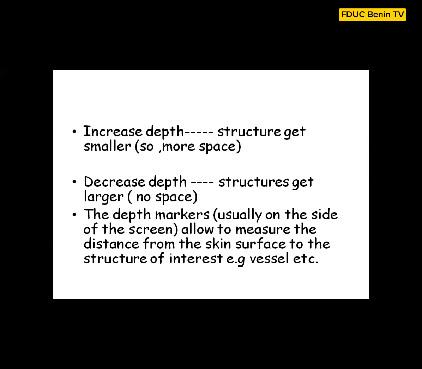And then you may not even see some other structures because the image has covered the whole screen. So adjusting the depth to ensure that the structure of interest is occupying 75% of the screen, or 3/4 of the screen, this knob is what helps you to do that.